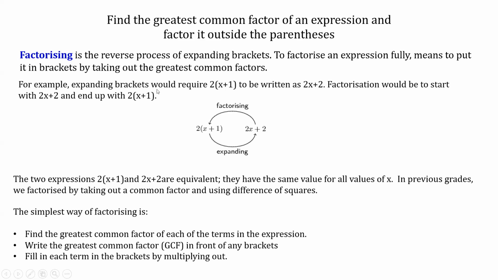For example, expanding brackets will require multiplying 2 by (x plus 1) to be written as 2x plus 2. Factorization will start with 2x plus 2 and end up with 2 in brackets (x plus 1). So, as we said above, factorizing and expanding are reverse processes.